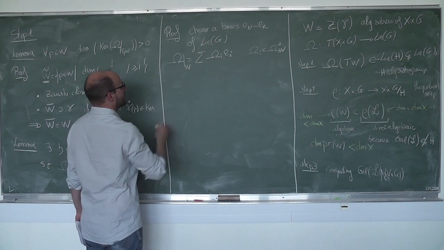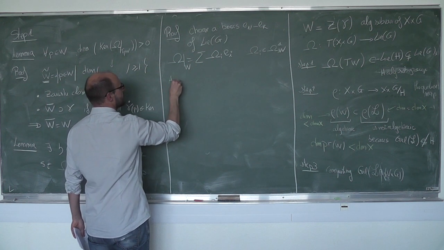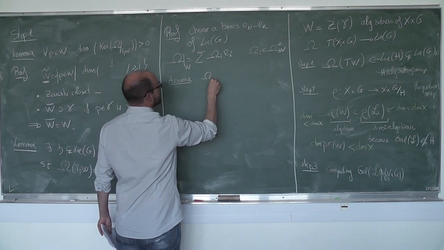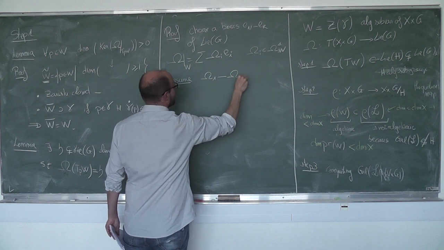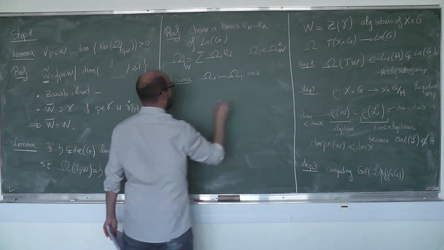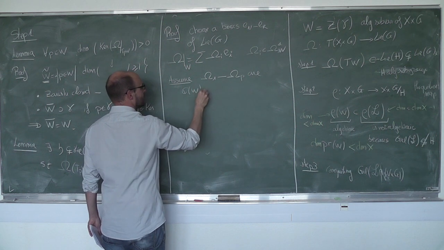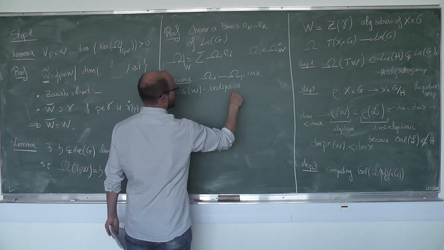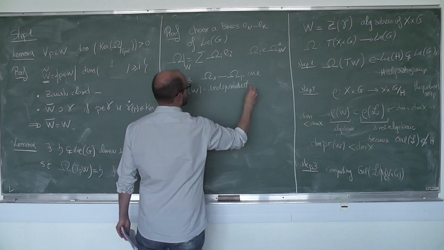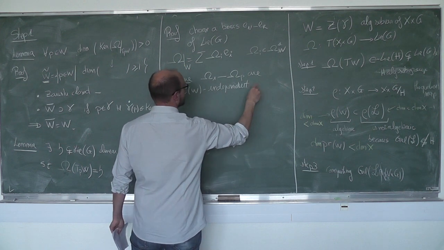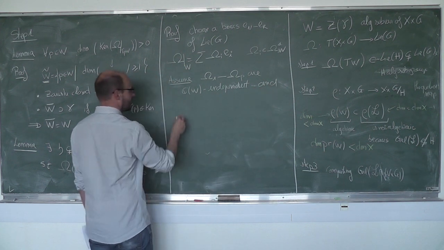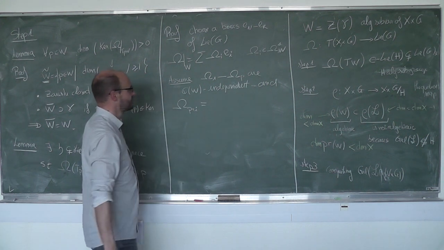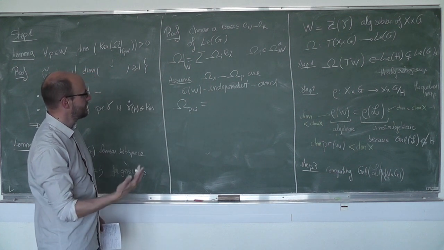And you can always assume that omega 1 to omega p are C(W)-independent, and omega p plus i can be written in terms of the previous ones.